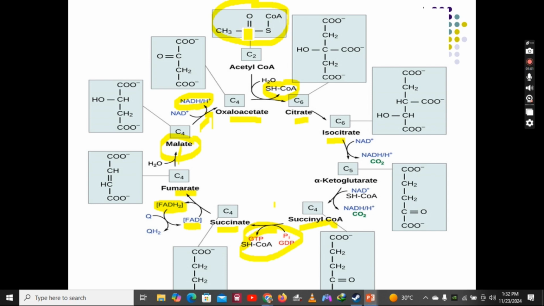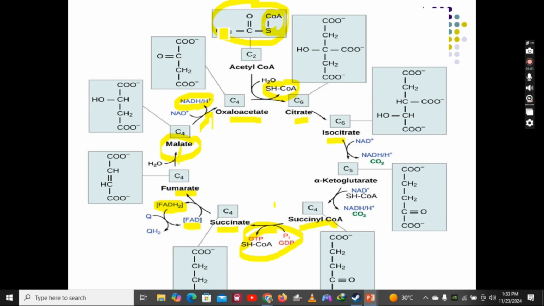Once the carboxyl group is removed, what will remain is a two-carbon molecule, which is the acetyl CoA. The 2-carbon molecule that remains from the pyruvate reacts with the CoA enzyme.